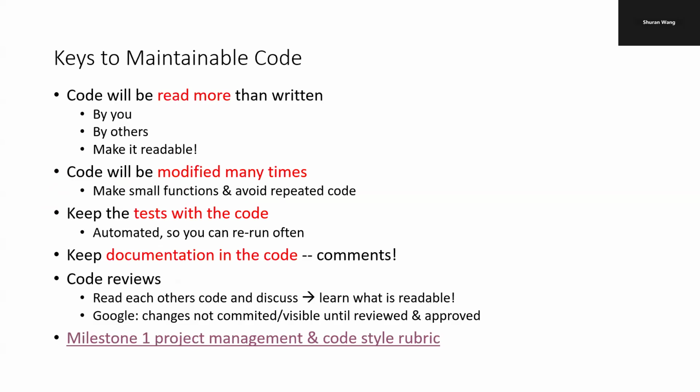So if you can, make helper functions to avoid repeated code and to keep your functions small. Keep the tests with the code so that you don't have to explicitly run the tests. You're confident that some part of your code is always correct because it's automated, so you can rerun often.